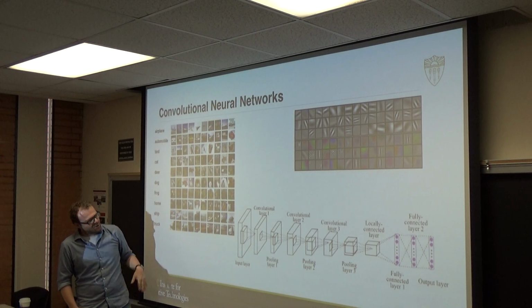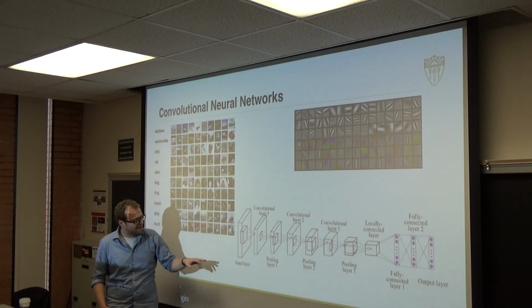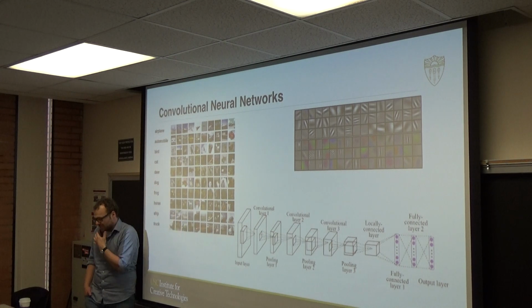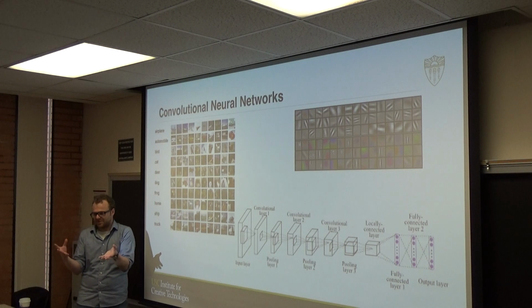So a good way to do this is, if you imagine that this is the input layer, so this is the entire image with all the pixels here. A good way to investigate what is present in the image is to look at the entire image, right?